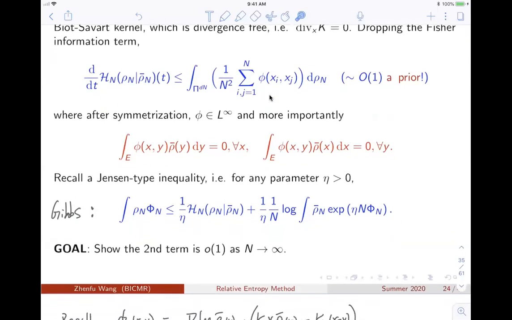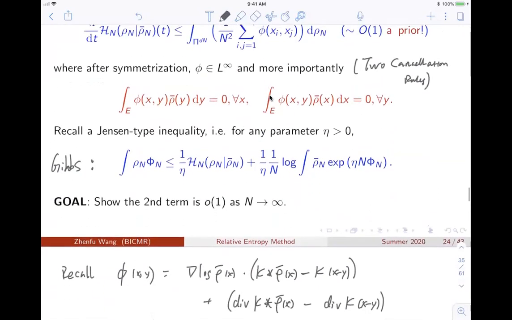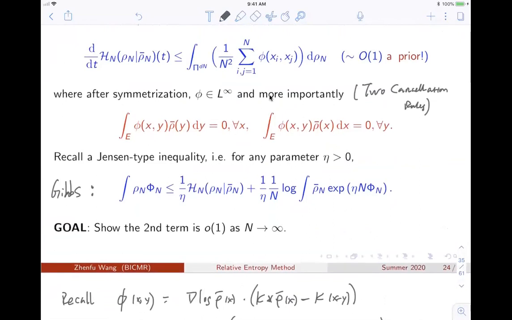Here you can check that even without the symmetrization, the original choice of phi xy has two cancellation rules, or two mean-zero properties. This is very important in our main estimate below.